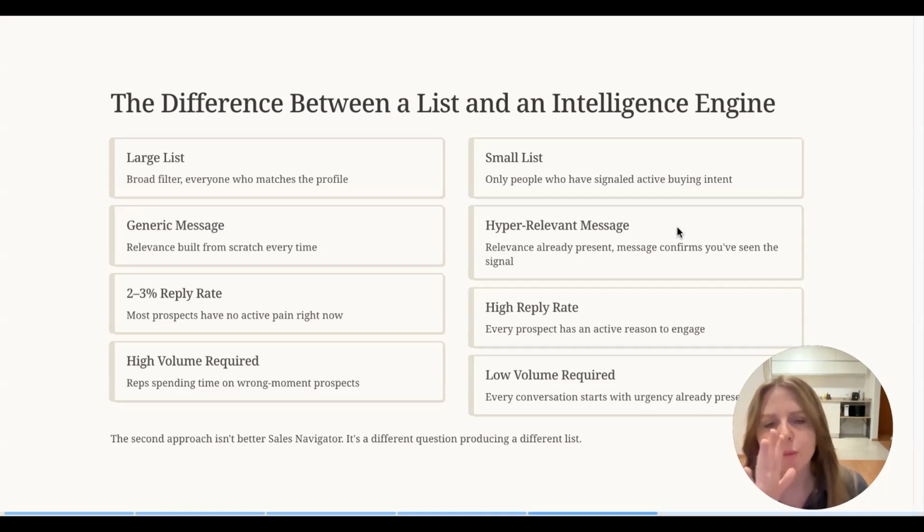They're gone. What we now focus on is very small lists and hyper relevant messages to start the conversation. We look for really high reply rates. Using this data, we typically see anywhere from a 60 to 80% reply rate, which is crazy. And just low volume required. We're no longer trying to optimize and maximize how many connection requests per day.